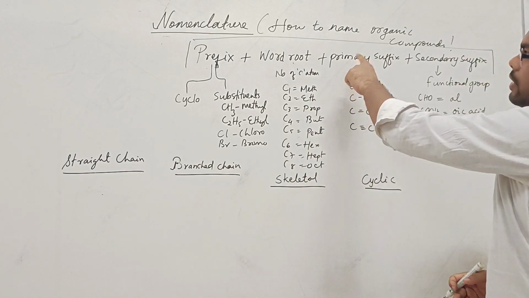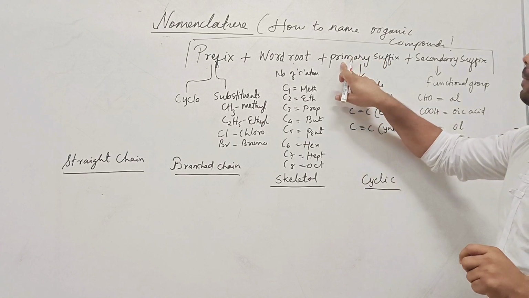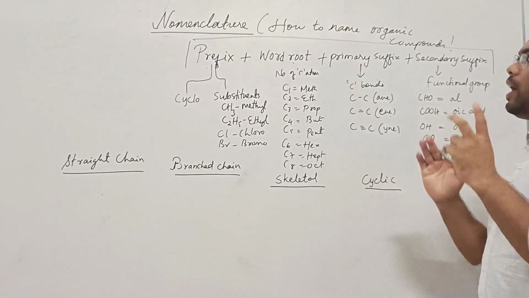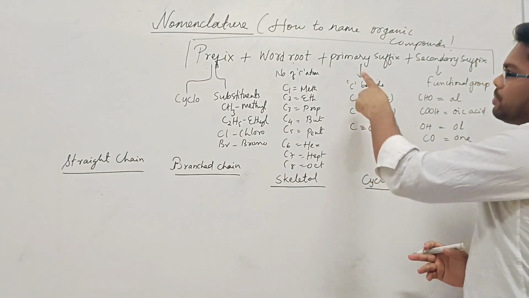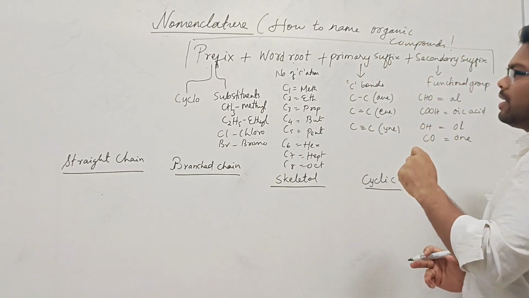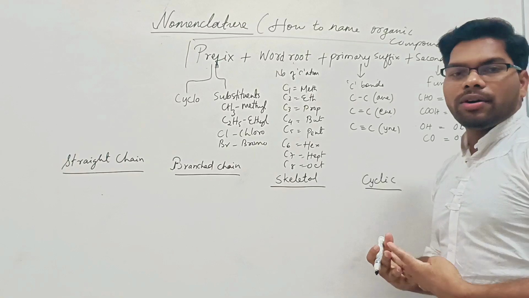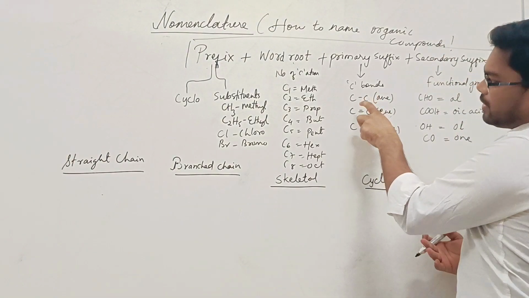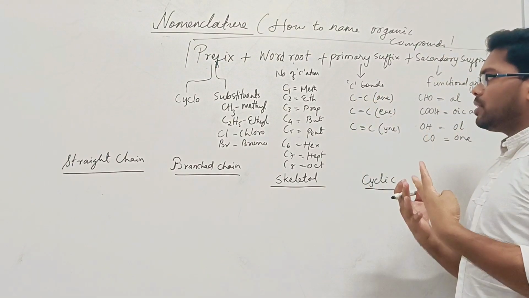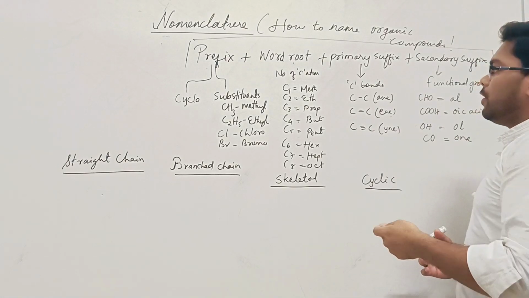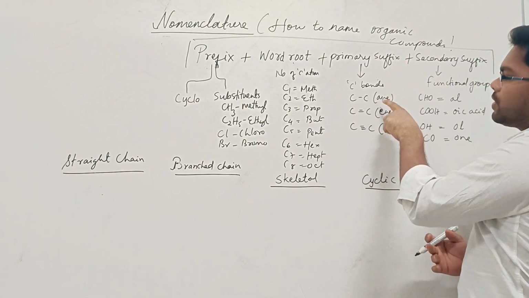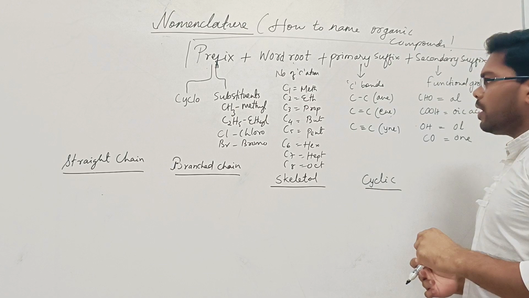The third point you have to remember is the primary suffix. Primary suffix means how these carbon atoms are bonded together in the organic compound. If the carbon atoms are bonded together by single covalent bonds, the suffix is going to be ane.